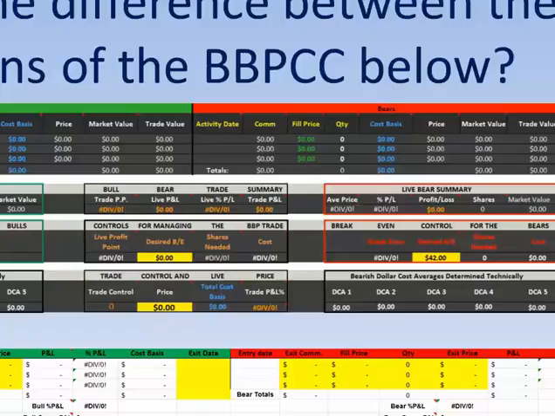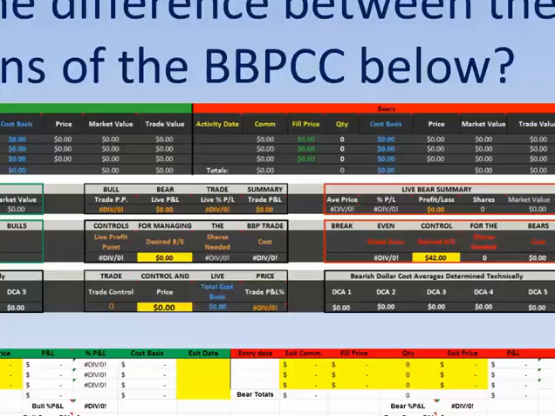I call this section, it holds certain types of trades.